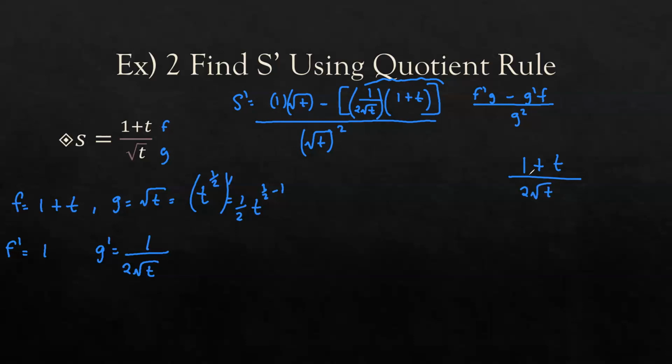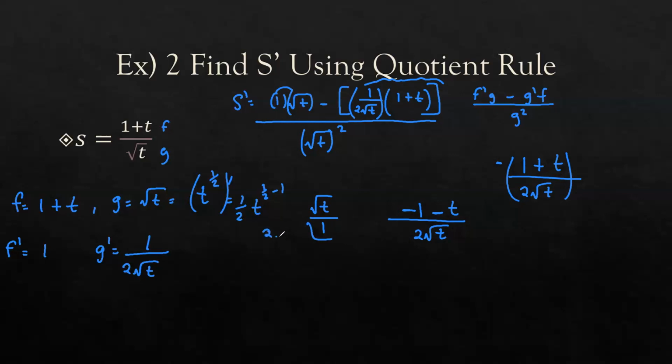We have to distribute out this minus, so that's negative 1 minus t over 2 radical t. And over here, 1 times radical t is radical t. I have a complex fraction, so I'm going to simplify it. What is my GCF? We have a 1 here and a 2 radical t, so my GCF is 2 radical t.